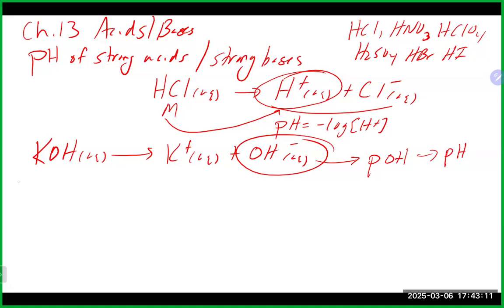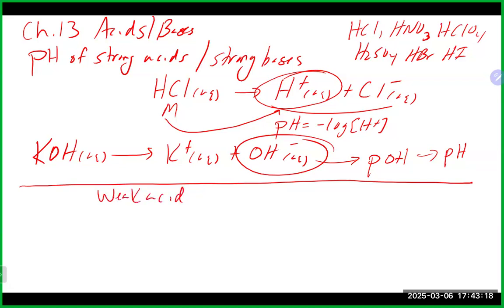Now, this is different than weak acids. Weak acids are weak electrolytes, which means they will set up an equilibrium, so you get an equilibrium type of reaction. Here we are still interested in the H plus concentration, but because it's an equilibrium, we need to take an ICE table approach to these calculations.